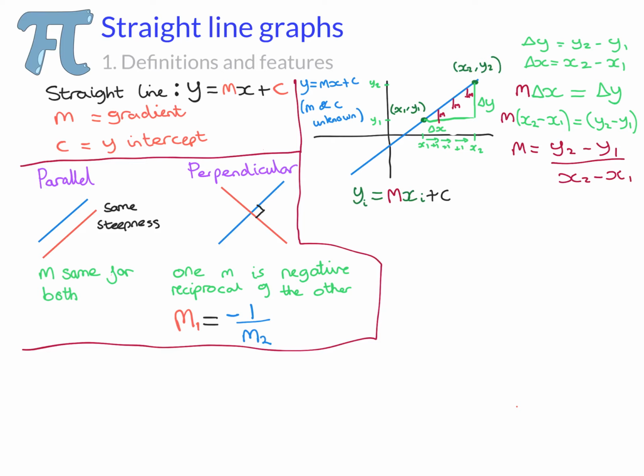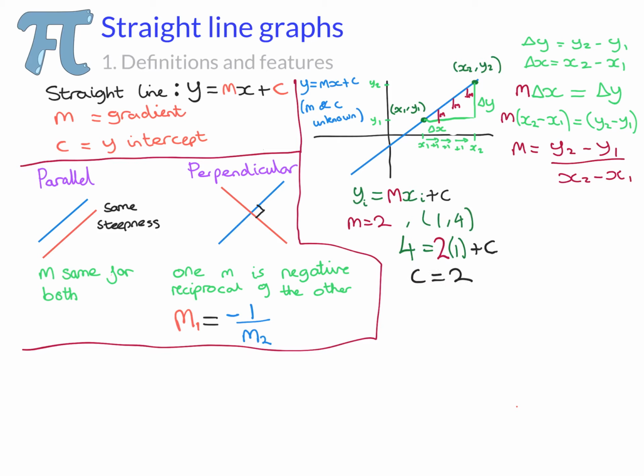All we need to do to find c is input the coordinates of one of our points into this equation with our value of m and see what value c needs to take to make the equation work. For example, if we knew the gradient was 2 and that the point 1, 4 lies on the line, we sub in 4 is equal to 2 times 1 plus c, and we find that c must be 2.